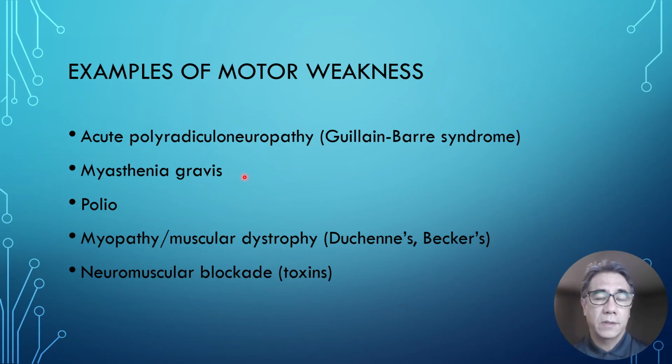Myasthenia gravis, on the other hand, is at the neuromuscular junction. Excuse me, and often presenting with ptosis.